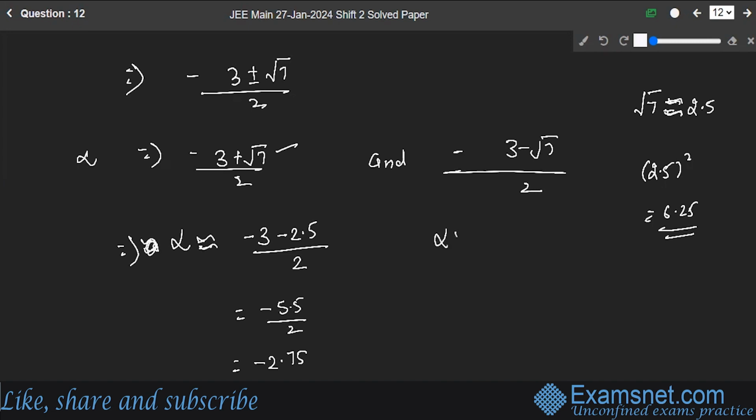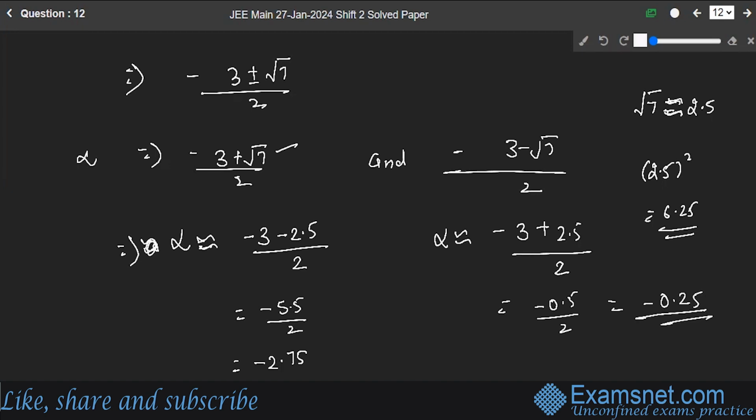And from here, alpha is approximately minus 3, sorry, here was supposed to be plus now. Anyways, I'll write here plus. So this will be minus 0.5 upon 2, or this will be minus 0.25.